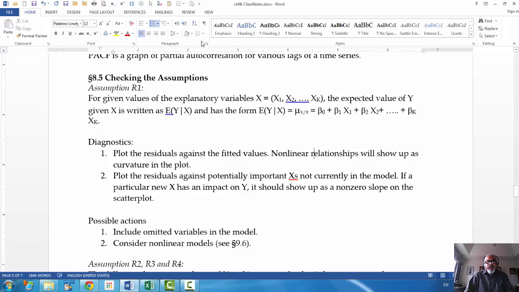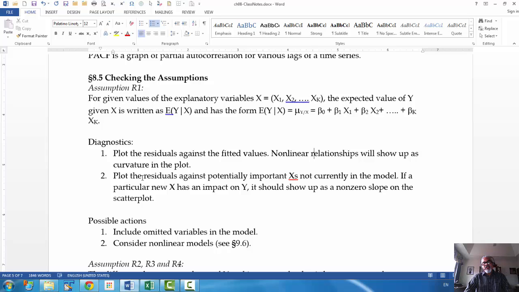We can look at a couple of plots here, and verifying these assumptions is not like plugging in a formula and the outcome is verified or not verified. It is more judgmental. You have to look at the graphs and see whether the plots look reasonable or not.